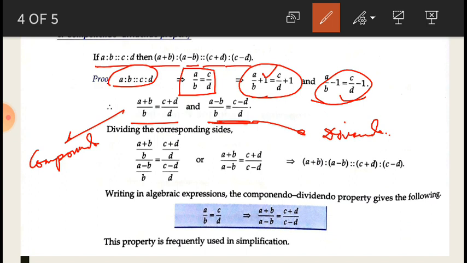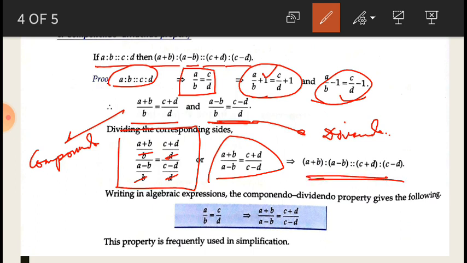Whenever you divide, you can see that b is cancelled out and d is cancelled out, and we reach a plus b divided by a minus b equal to c plus d divided by c minus d. So we get this result here. You need to know this very carefully, because it is used in various ways when you deal with problems on proportion. This property is frequently used in simplification also, this componendo and dividendo property.